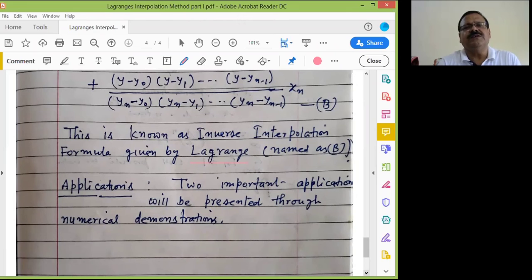Inversing the process of interpolation means now we are going to compute the value of the argument for given values of the function. This is very important. You won't find this kind of thing in any of your courses or prescribed papers.